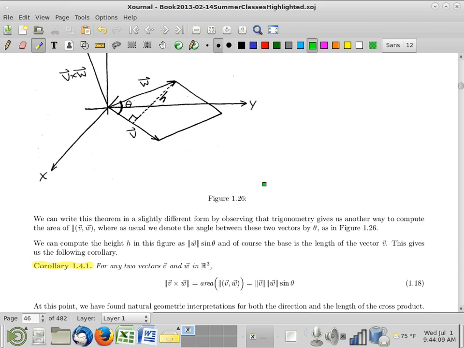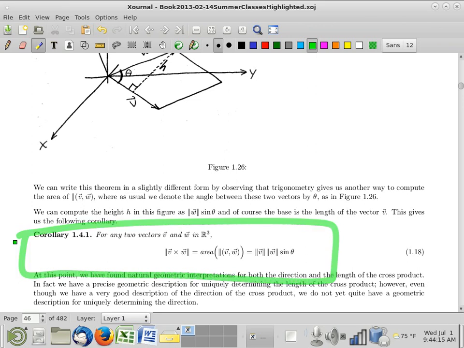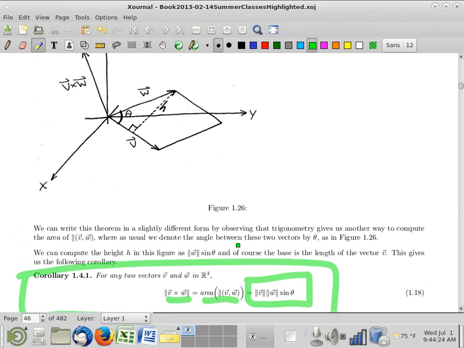Okay, so moving along. This next corollary is really a restatement in a different way of what we just talked about, namely the magnitude of the cross product is equal to the area, which, by the way, is equal to this little bit of trig here. And that's just an observation. If you look at this picture, the area of this parallelogram, here, let's see, I'll do this in green.